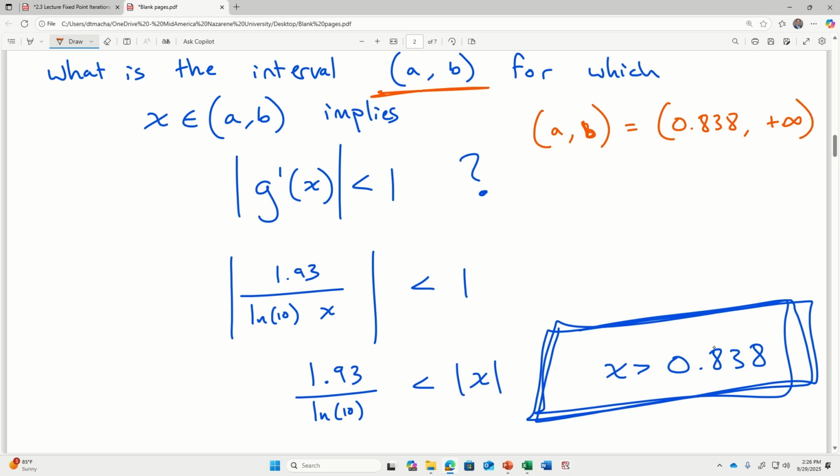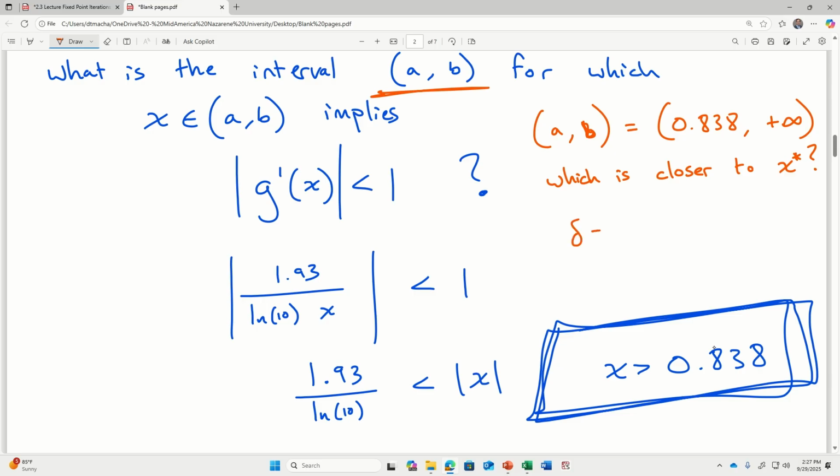All of those values have this property that g prime of any of those numbers is going to have an absolute value less than 1. So which one is closer to my fixed point, A or B? Obviously, 0.838 is closer to 7.43 than infinity.